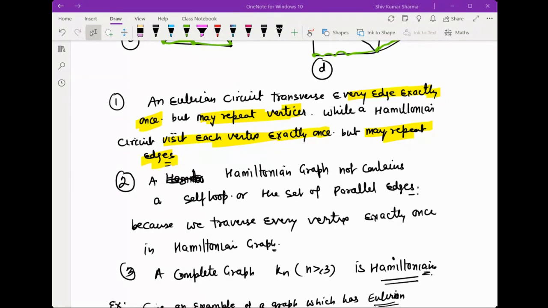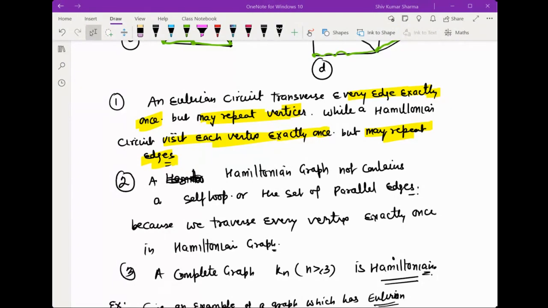For the second point, a Hamiltonian graph does not contain a self loop or a set of parallel edges. Any graph which contains a self loop or parallel edge is not an example of a Hamiltonian graph.